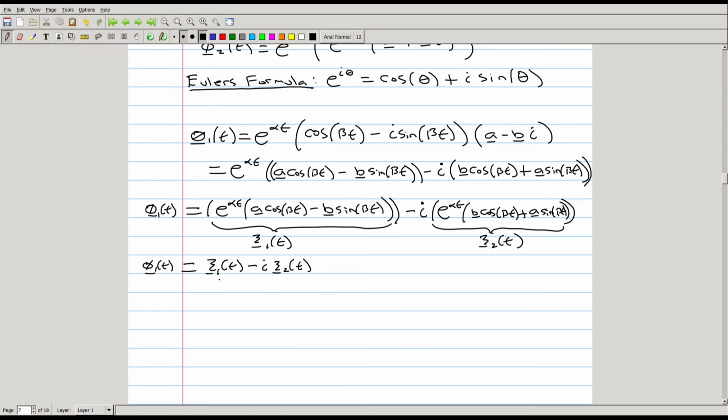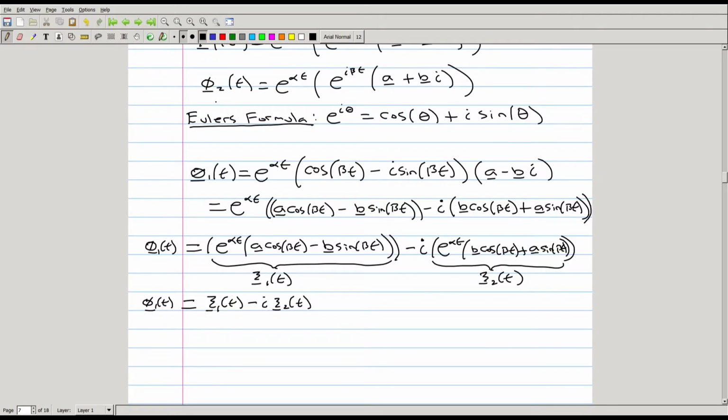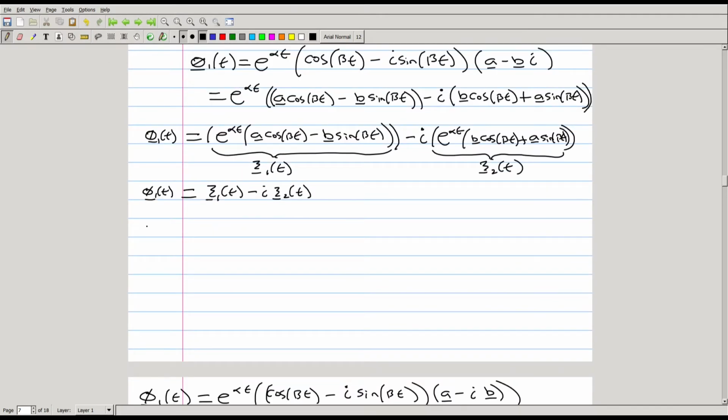And what's pretty cool is you can actually go through and do this exact same thing for phi2 to show that phi2 of t will actually end up being xi1 of t plus I times xi2 of t. So these two things are just complex conjugates of one another, which makes a lot of sense.